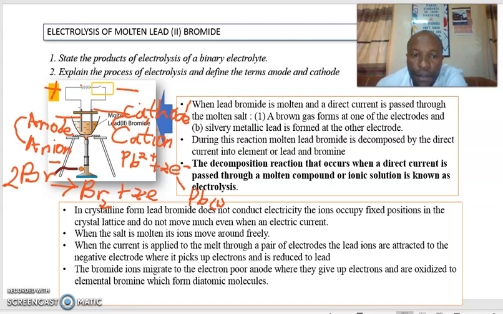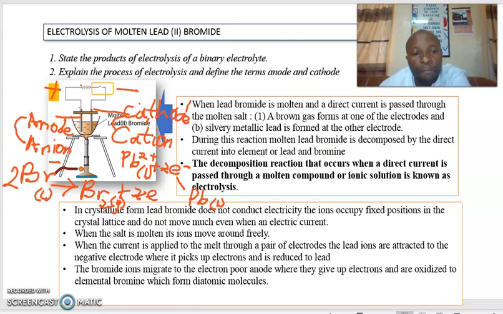And of course this metal is in liquid state, and you also need to note that the melt is in liquid state. The same case applies to bromine here. The molten lead bromide has the state symbol liquid, and here the bromine becomes a gas, and it moves out as a brown gas. This process needs to take place either outside or, better, in a fume chamber, because bromine gas is poisonous.